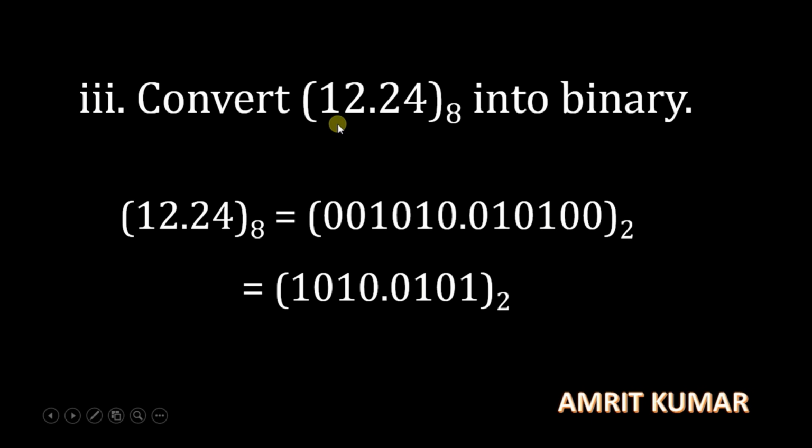Now we have to solve an octal number into a binary number. So we will follow the same rule that we have learned: in octal to binary conversion, we represent a digit of an octal by 3 bits. Therefore, we will use that concept to solve it into binary form.